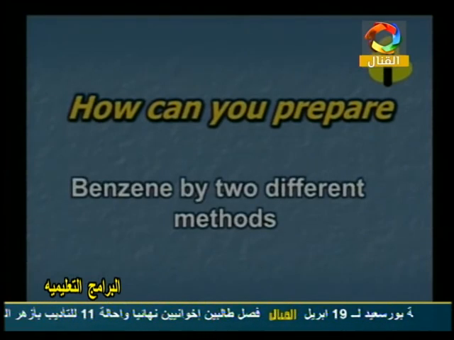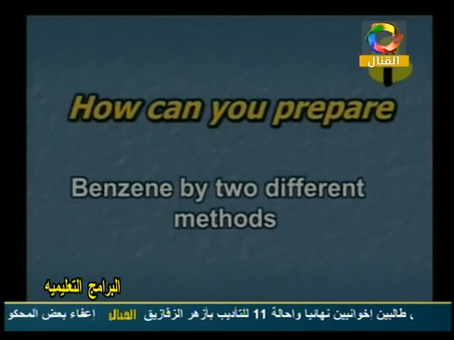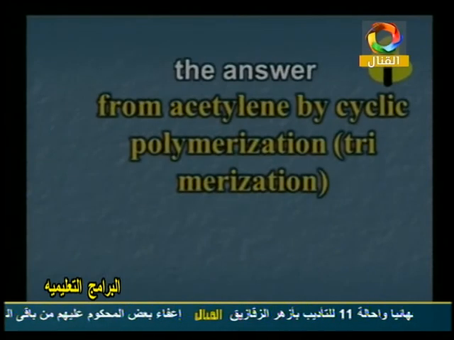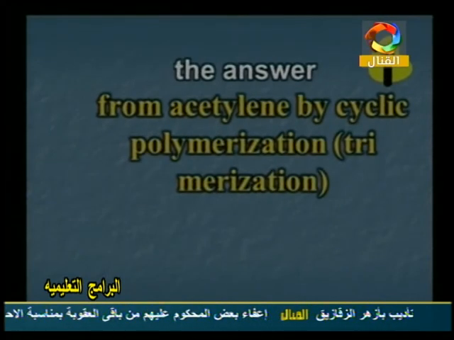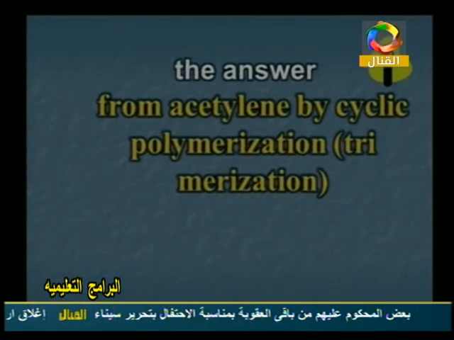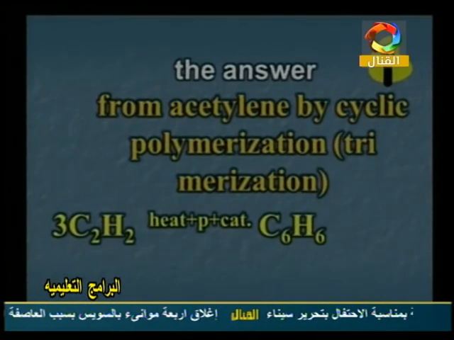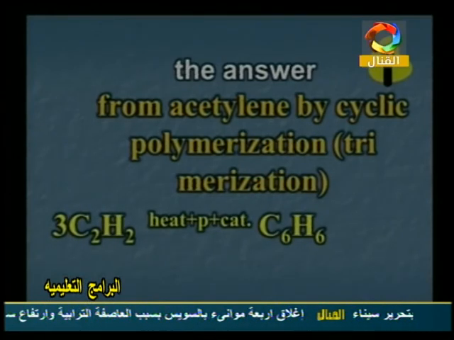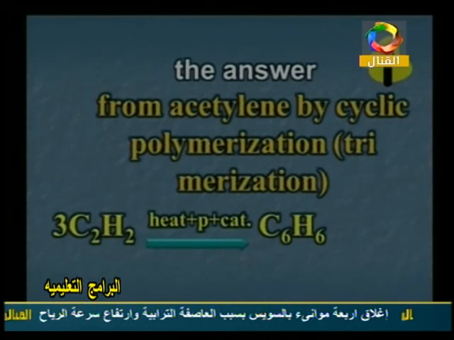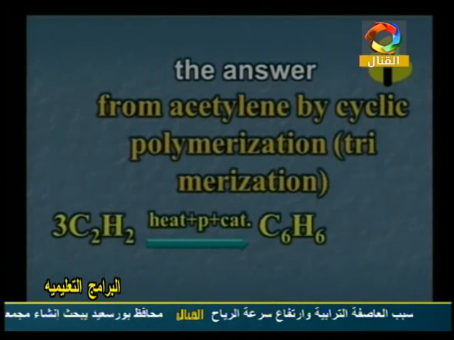The other question: how can you prepare benzene by 2 different methods? Easy. For the first, from acetylene by cyclic polymerization, trimerization. Look at this: 3C2H2, in the presence of heat, pressure, and a catalyst, gives C6H6. It means benzene from acetylene.